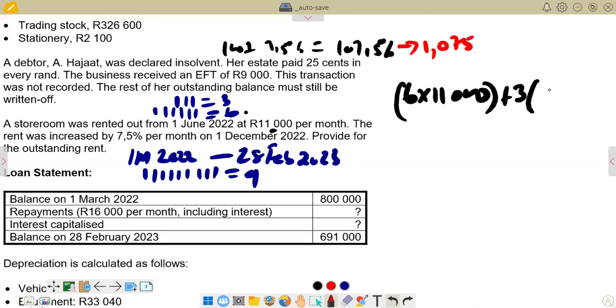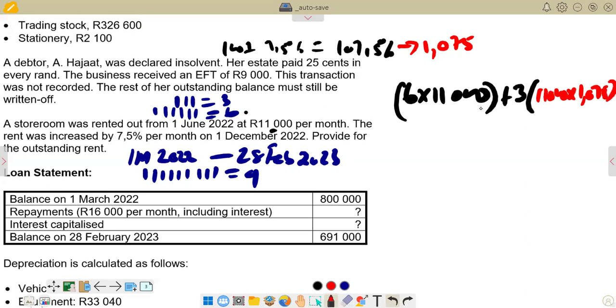So with that, we are going to multiply 1.075 times 11,000 so that we get the figure after it was increased. So we are going to say 11,000 multiplied by 1.075, as simple as this.